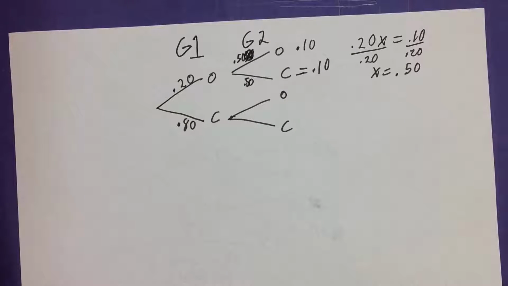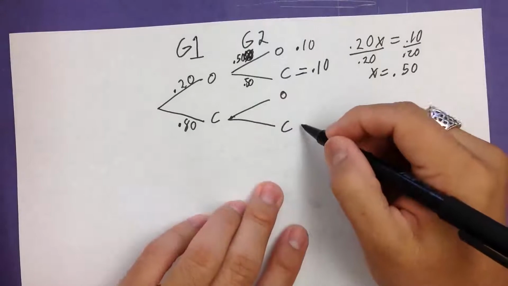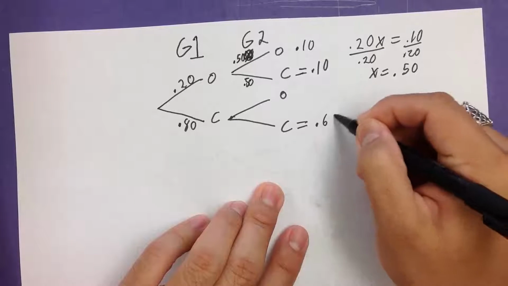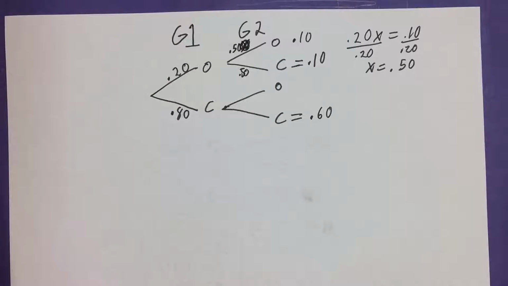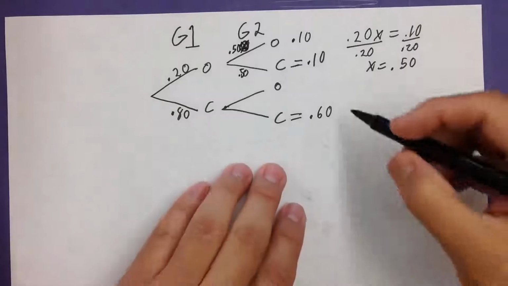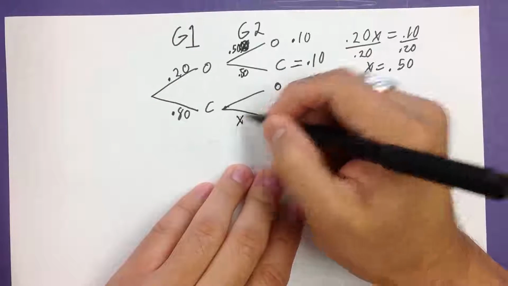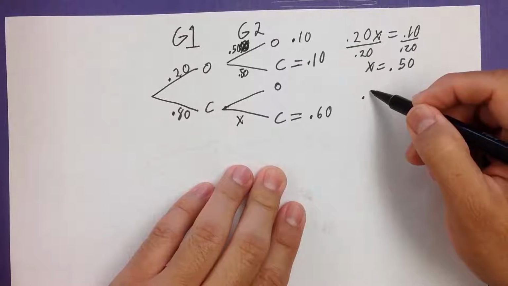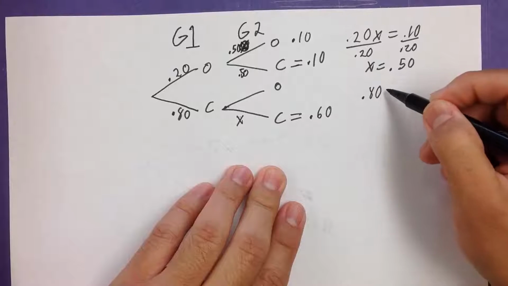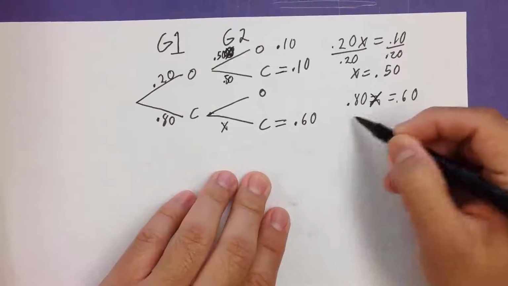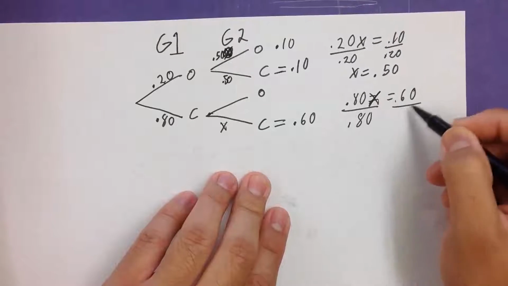Now we're going to go ahead and use the next one. So I'm going to find out right here, the probability of both of them closed has to be 0.60 because 60% of the time it's closed, as demonstrated by our Venn diagram. So now I want to find out what this number is. So 0.80 times x equal to 0.60, x equals 0.60 divided by 0.80.